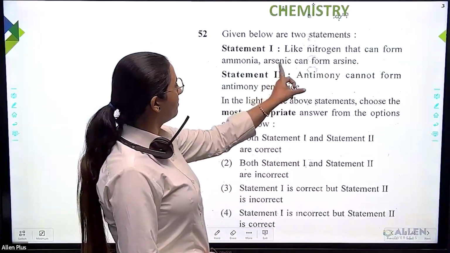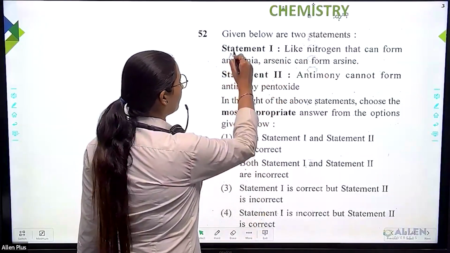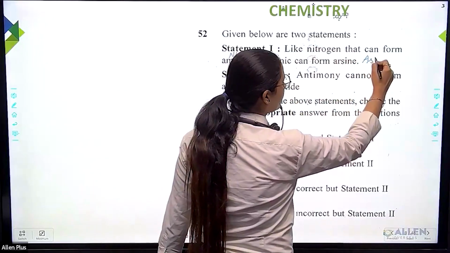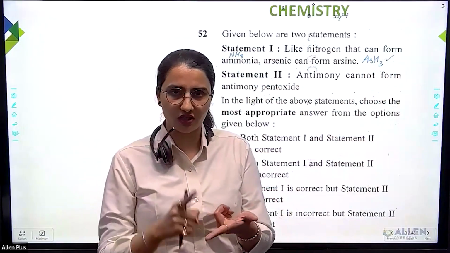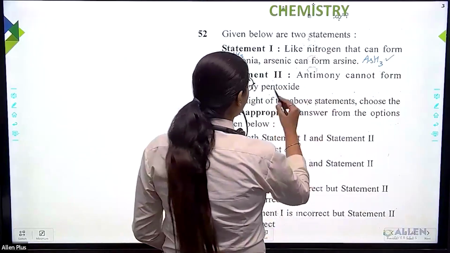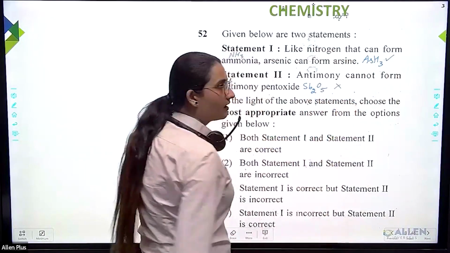Next, again theoretical question from inorganic. Nitrogen forms ammonia, which is NH3. Arsenic can also form arsine, which is AsH3. Correct. NH3, PH3, AsH3 all exist. Next, antimony cannot form Sb2O5. This is wrong, students.